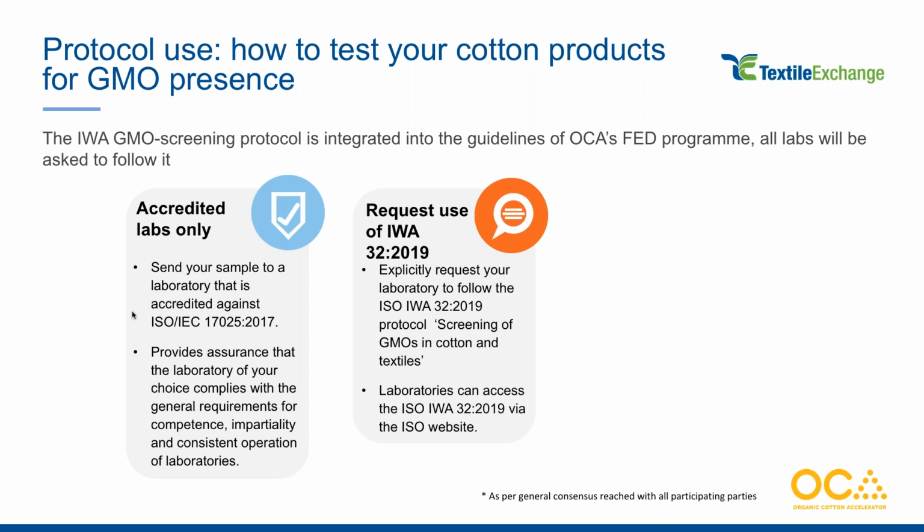Then you explicitly have to request the use of this International Workshop Agreement 32. All laboratories can access this via the ISO website, so that should not be a problem.